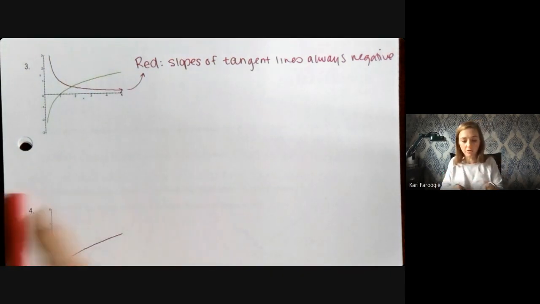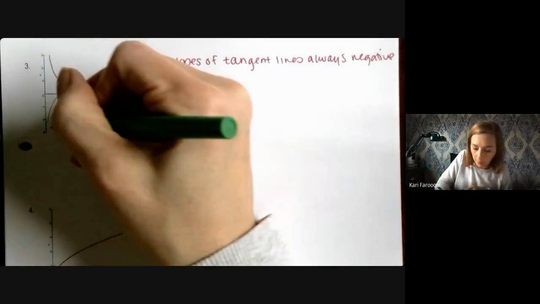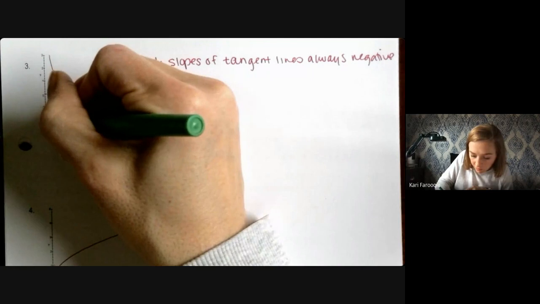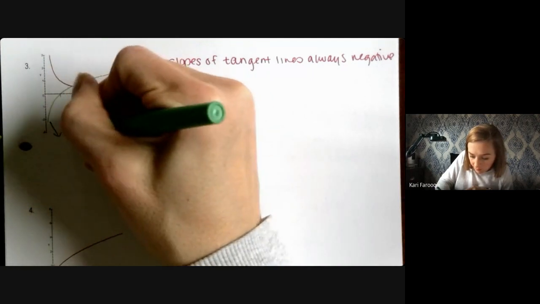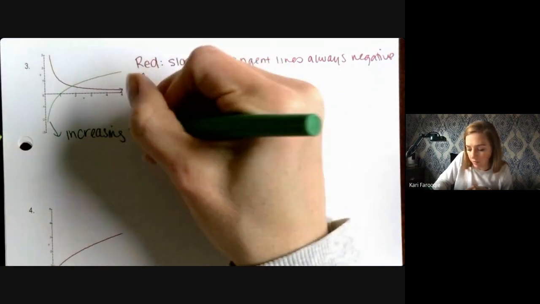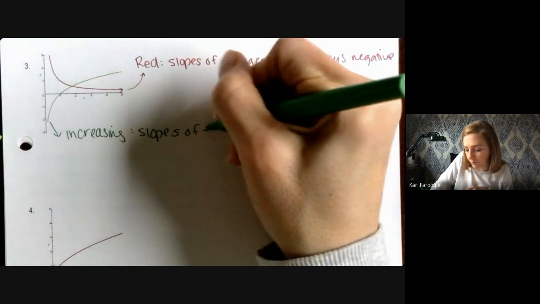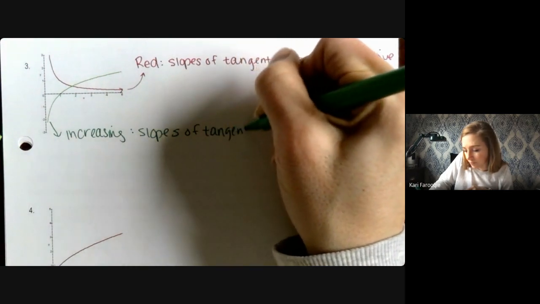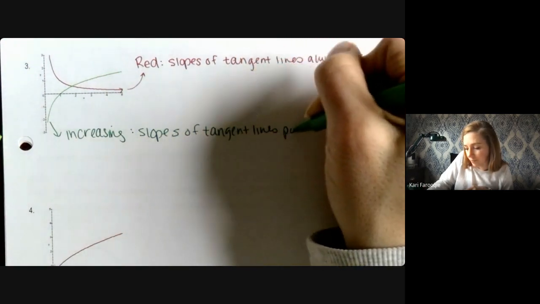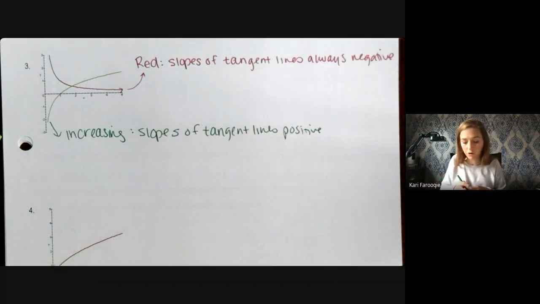So we would say that for the green function, in this case, this green function is always increasing on its entire domain. That means the slopes of tangent lines are always positive. So that means the other graph should always lie above the x-axis, which it does.